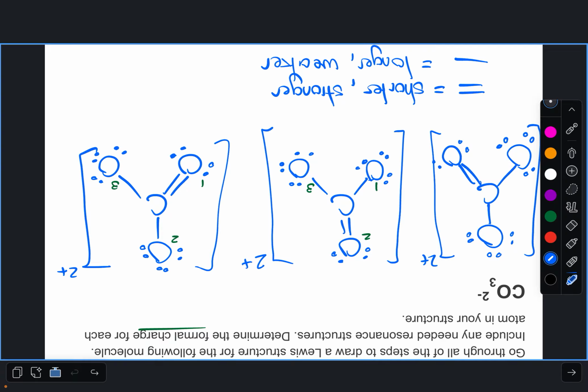So there is no difference between the strength and length of any one of these 3 bonds. And in fact, they actually look like an in-between of a single and a double bond. So they're shorter than a single bond would be, but not as short as a double bond. So there's something weird going on.